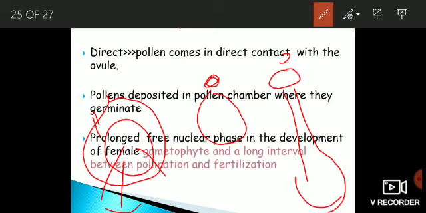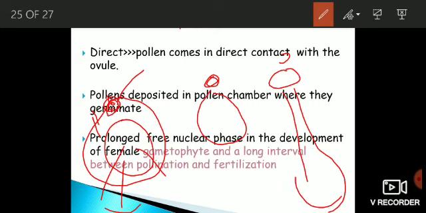At the top near the micropyle you have a depression-like structure known as pollen chamber. The pollen get deposited in this pollen chamber, and the remaining development, that means the germination of pollen grains, takes place inside this pollen chamber.